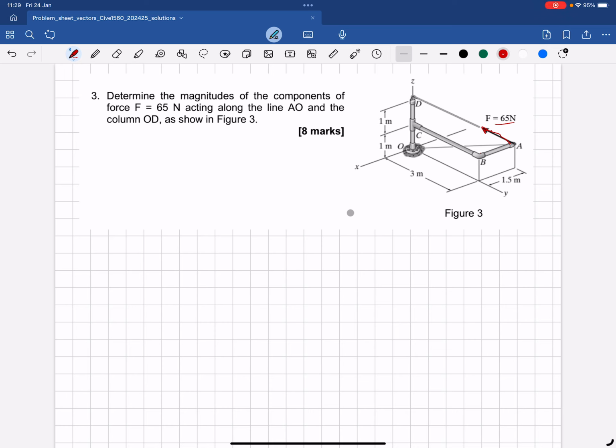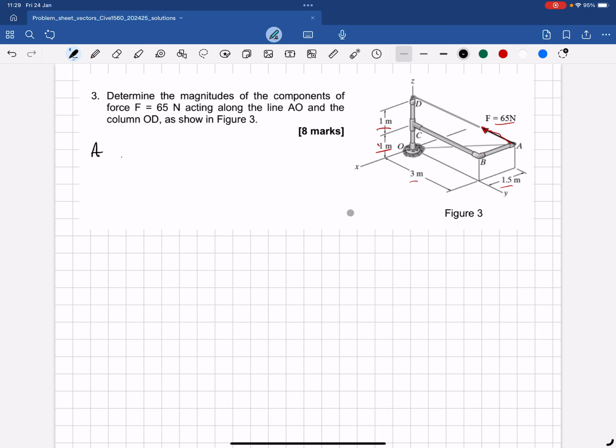The key things to look at are these coordinates drawn here, because we need the specific coordinates of each of the points in the frame so that we can work out vectors, vector directions, etc. So the first thing I would suggest is to write down the coordinates, or the information we have.